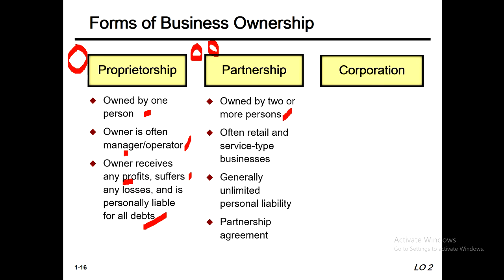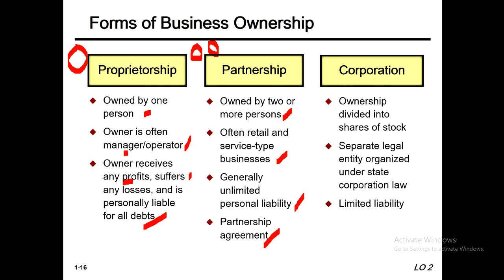Number two, often retail and service type businesses, generally unlimited personal liability, and a partnership agreement is needed to operate the partnership business. Corporation. The characteristics of a corporation: ownership divided into shares of stock. Number two, separate legal entity organized under state corporation law, and limited liability.